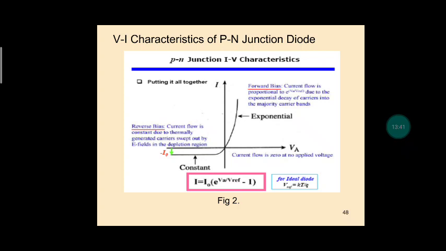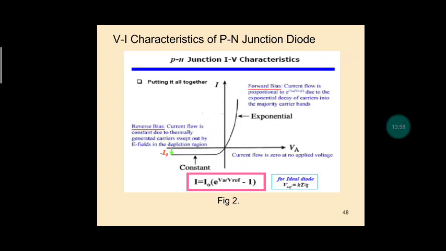So this is the VI characteristics of a PN junction diode. The x-axis is voltage and the y-axis is current. There is a cut-in voltage in the forward bias and a breakdown voltage in the reverse bias. Cut-in voltage means the voltage at which the current becomes maximum.